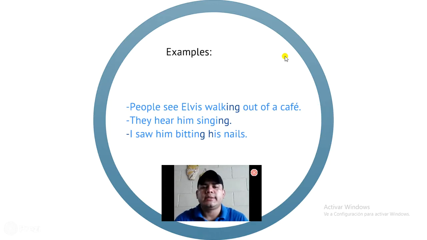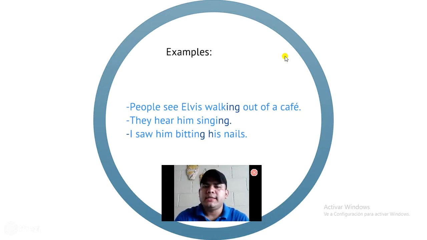And they hear him singing. So in this case, the verb that people use to make a perception is hear. I saw him biting his nails. So in this case, the verb is saw, him biting his nails.